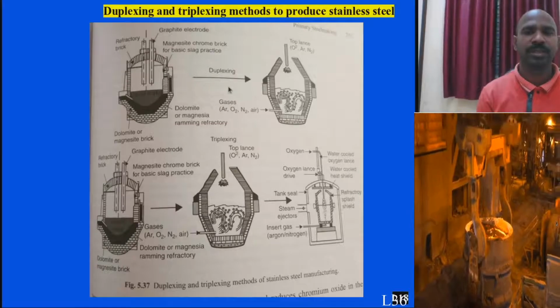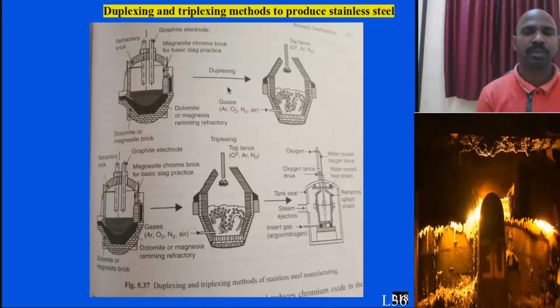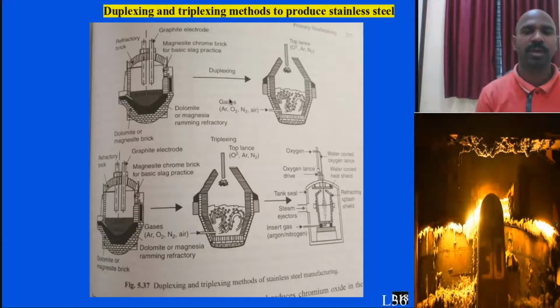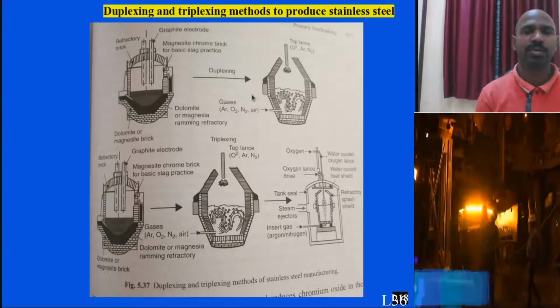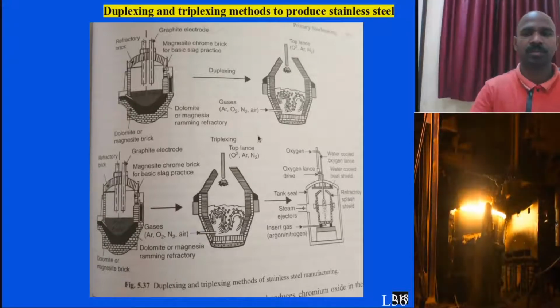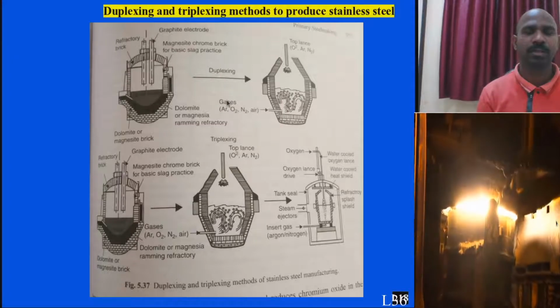I also introduced the VOD vessel. If you require, for example, stainless steel, interstitial free steels, deep drawing quality steels, or good formability steels, you need the carbon content very low, such as 0.03%.